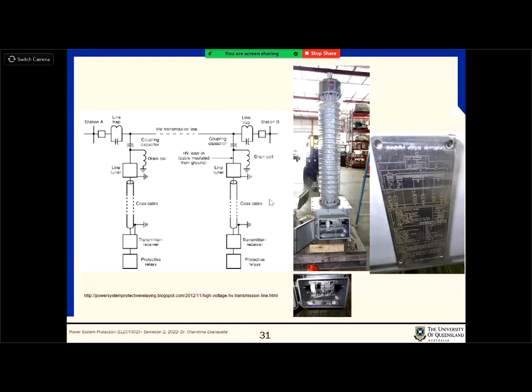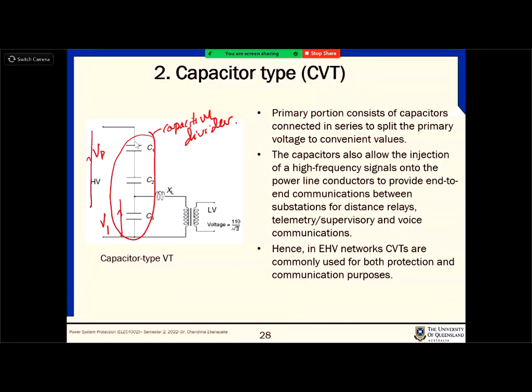When you have this sort of, let's say CT, the capacitive divider, the extra advantage of it is that, we know that the impedance of a capacitor is very low for very high frequencies, because the impedance of a capacitance ZC is 1 upon omega C. So if we feed a signal with very high frequency compared to the power frequency, then we can send it through this system because the capacitor impedance is low.